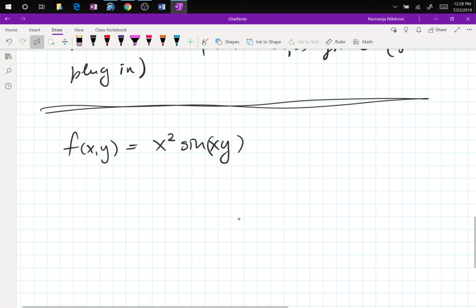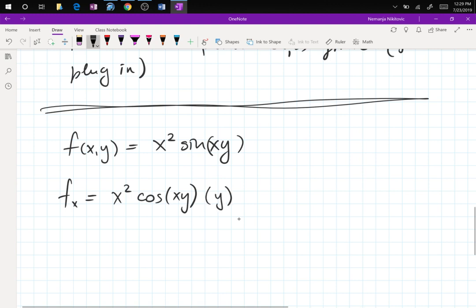Why? Partial x has what? Yes, the product rule. You have a function x squared times a function of x, sine of xy, as well. So f_x is not as friendly as partial y in this case, because we only have one y, which means no special rules. I mean, you still have a chain rule, but for the product rule, copy the first, x squared, times the derivative of the second. The derivative of the second is cosine of xy, times the derivative of the inside.